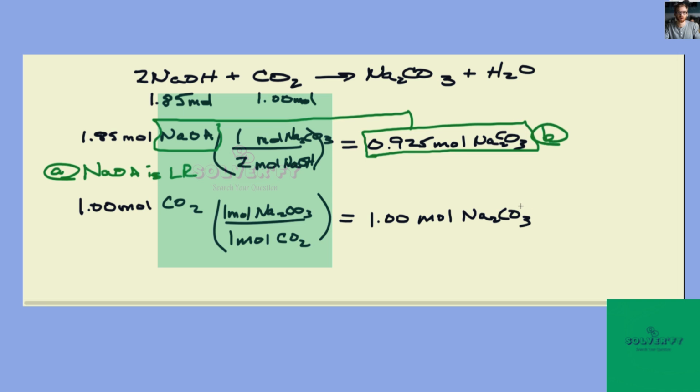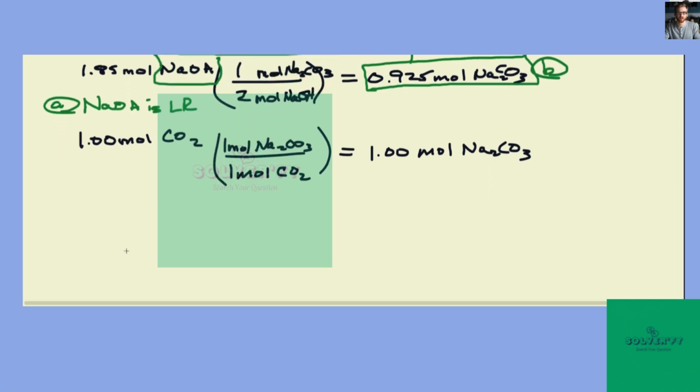Now, how many moles of the excess reactant remain after the reaction? So the question is, when we're done, how much of the CO2 is going to be left over? So what we can do is we can say, all right, if we look at the 0.925 moles of sodium carbonate, how much of the CO2 would we use?